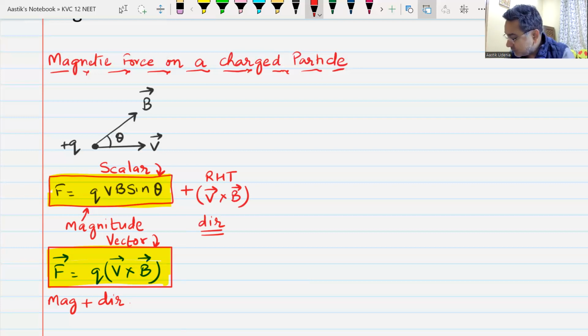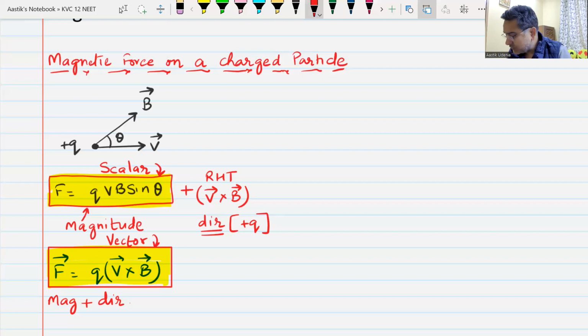And remember, this will be the direction of force on a positive charge. There is no way to directly find the direction of force on a negative charge. So if it is a negative charge, you find the force assuming it to be a positive charge, and then you reverse the direction of that force.